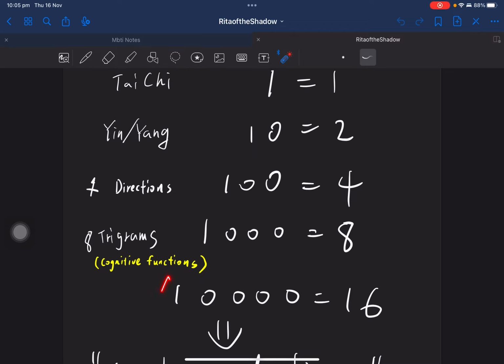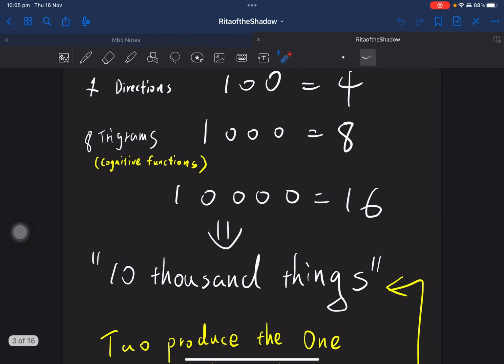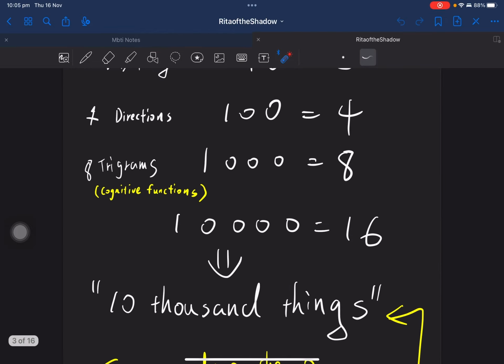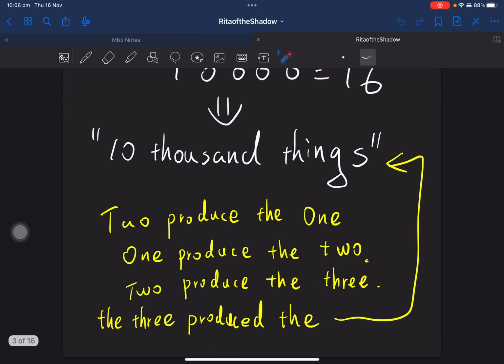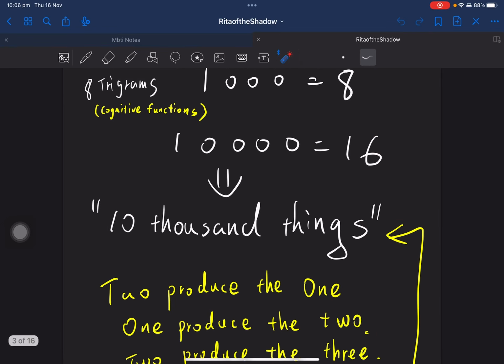And that is this thing in the binary code. And this also looked like the 10,000 things. So in Tao Te Ching, the Tao produced the 1, 1 produced the 2, 2 produced the 3, and the 3 produced the 10,000 things. So that means this is the 10,000 things that was created from the beginning.